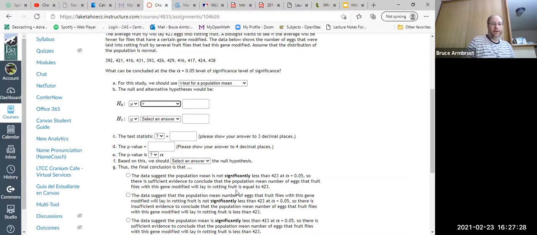But then that's where the alternate hypothesis comes in. Which one does it get? I will tell you that the one it will never get is equals, but it could be greater than, not equal, or less than. So let's see what we're doing. Willie, you say fewer. Why do you say fewer?